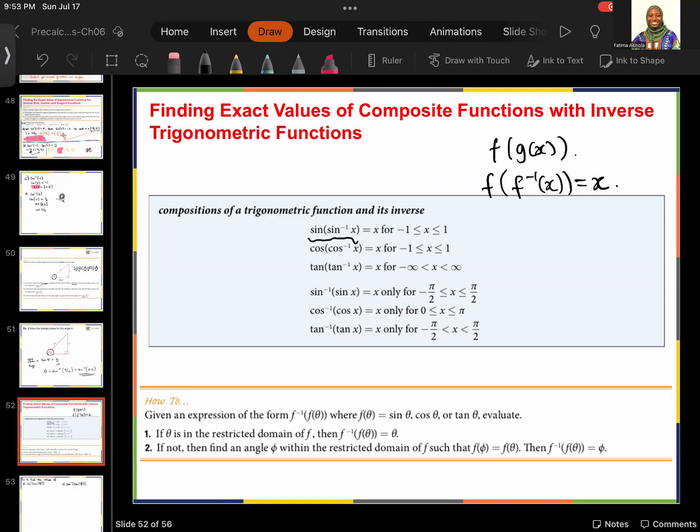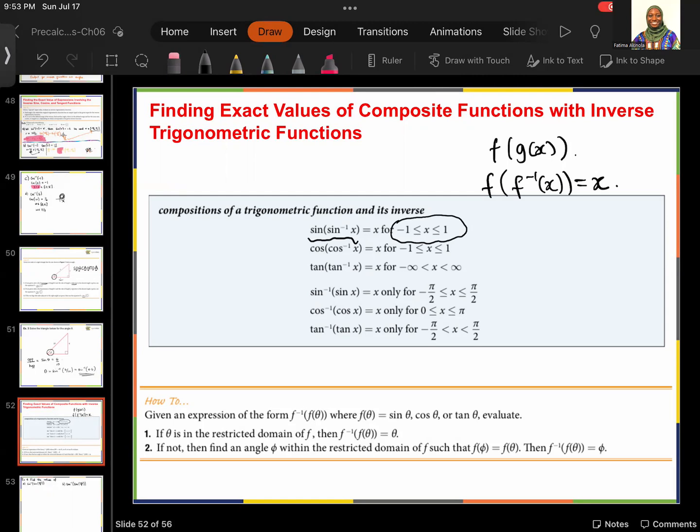Sine of sine inverse of x is equal to x if and only if x is in this interval. So again, this page is very, very important. These intervals are very important for you to remember, and they're not really hard to put in your mind. You just have to remember the range and domain for the inverse functions and also for the sine functions as well.